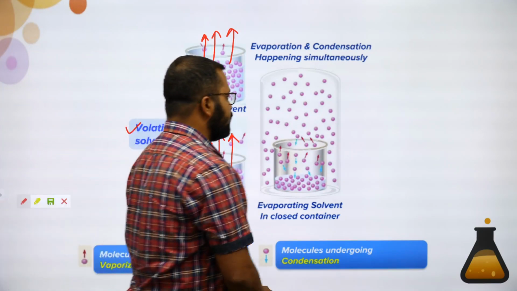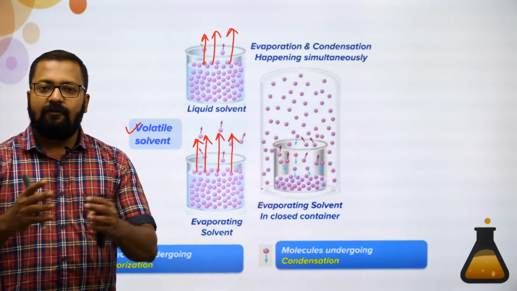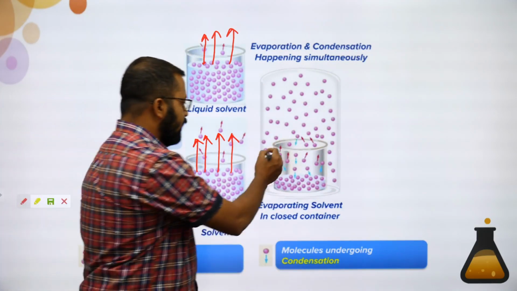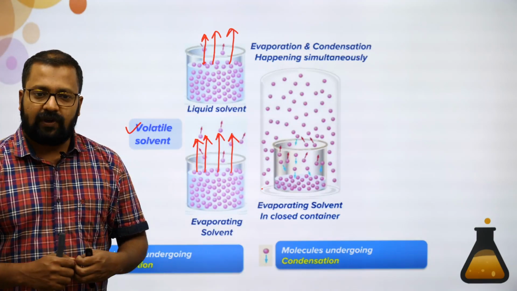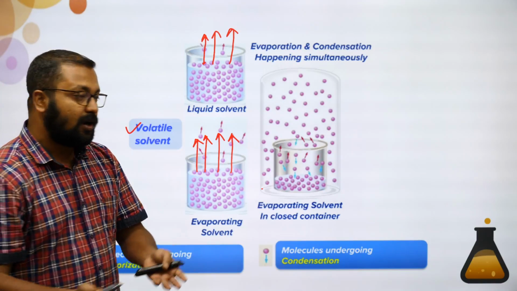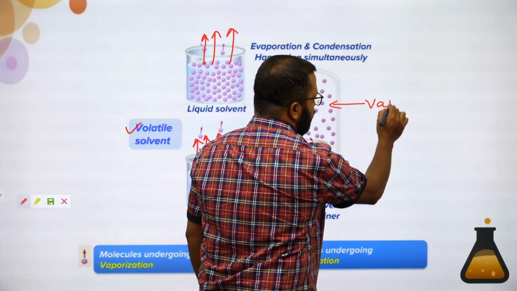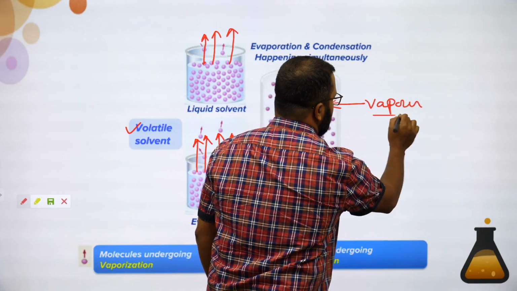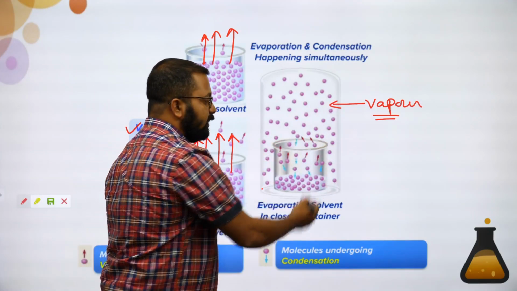Now, what happens is, suppose I cover the liquid. What will happen? These vapor molecules are not escaping into the atmosphere. ये यहीं पे trapped है. So over here, vapor molecules are present inside the container.